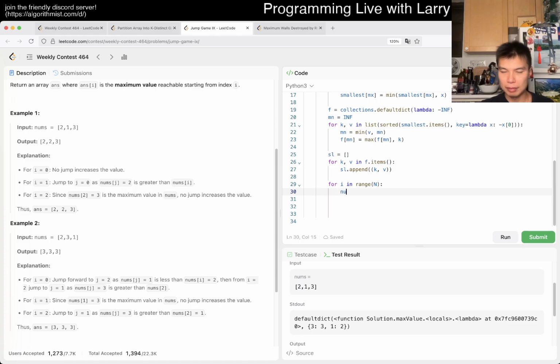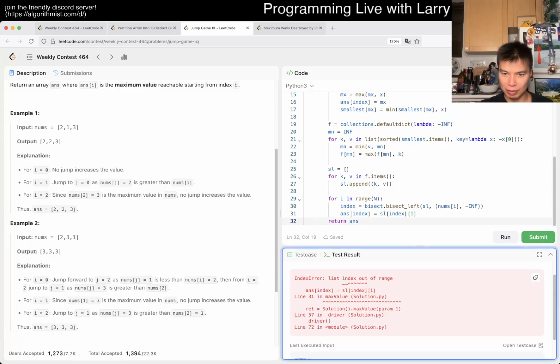Okay, then now we binary search SL on this being the key value, and then they should always give something. So then now SL of index of element 1 is the answer, right? Something like that? Yeah, this is a very hard problem, or just annoying for me.